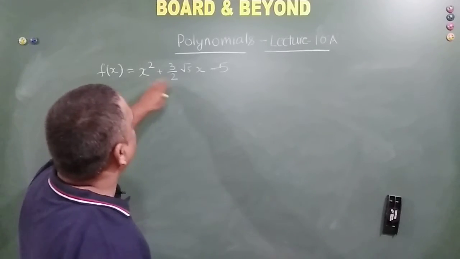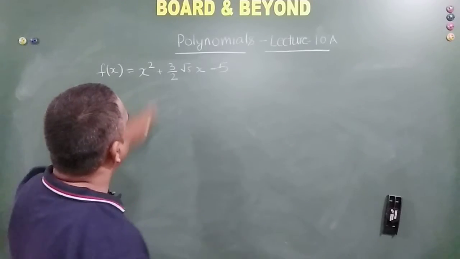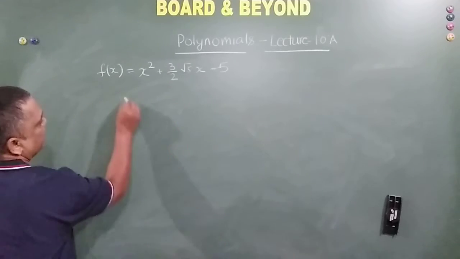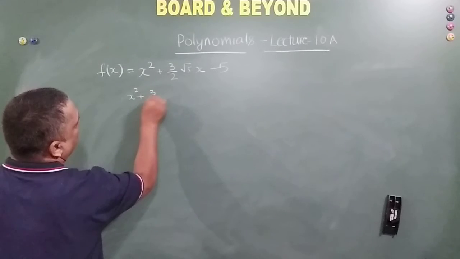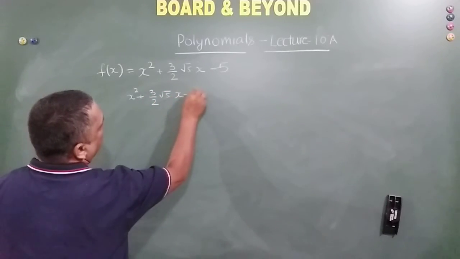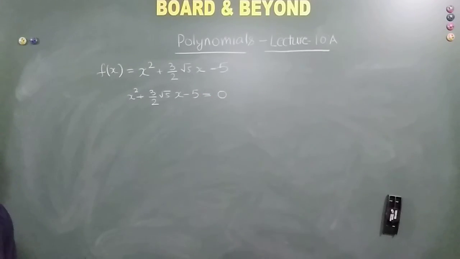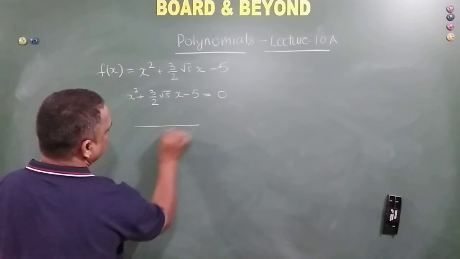So we will try to factorize here. It is given that we use the factorization method here. Okay, so we will try to factorize. So first let us equate it to 0. Okay, so to make it a little simple, we take 2 as the LCM here.